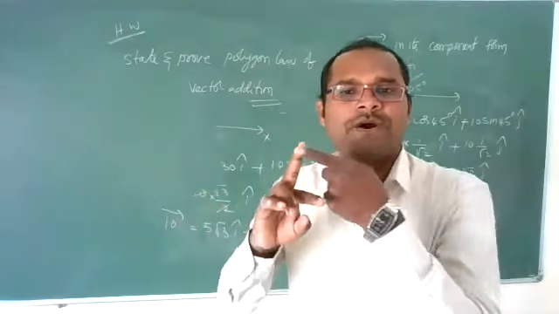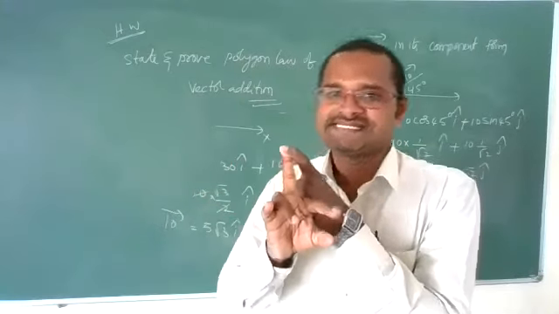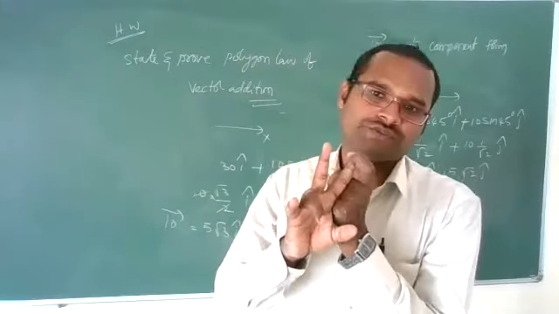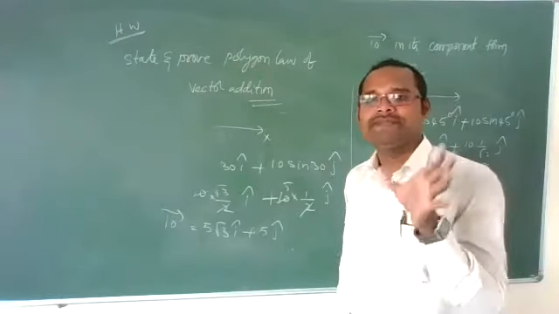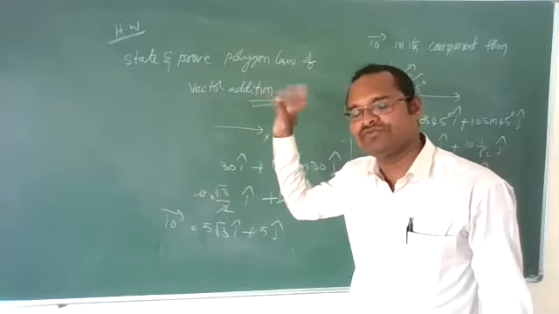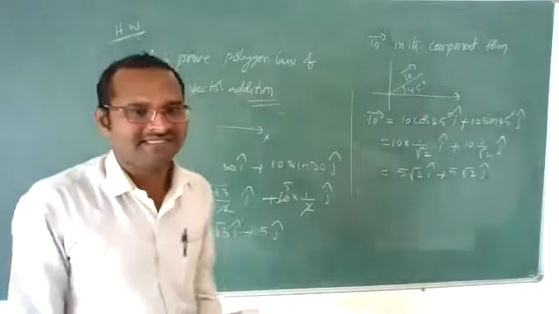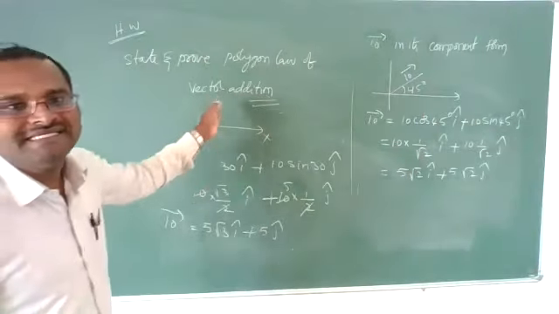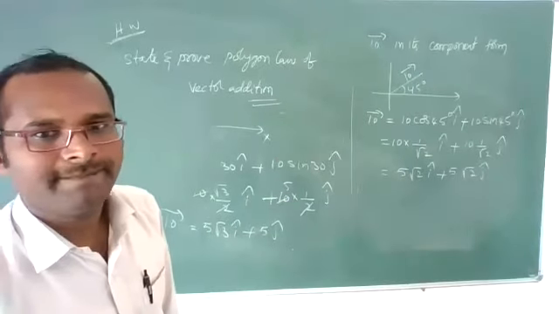They will ask polygon law statement and proof for 5 marks. Sometimes they will ask triangular law also. Learn the polygon law statement and proof, it is important. Why unnecessarily lose marks? Easy questions. Clear? Read it. Okay? Thank you.